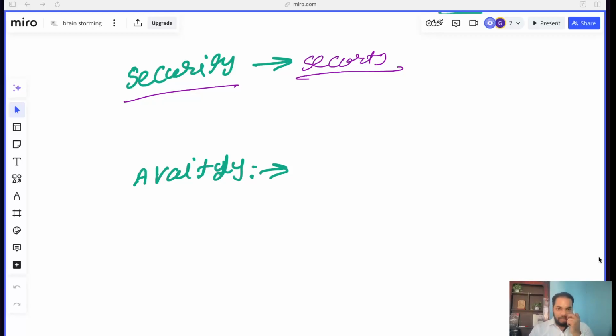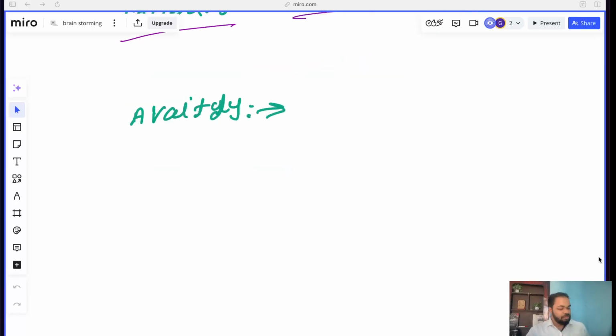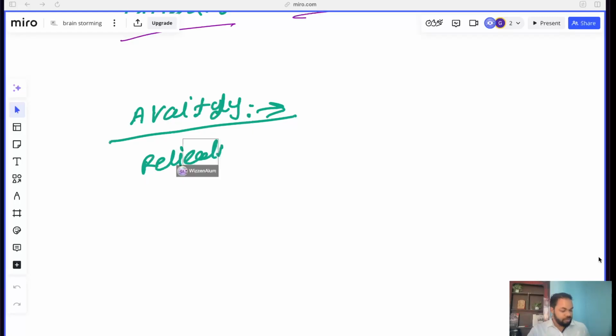If there is only a single DB, then all the traffic is going to that single DB, and it might crash, and your whole system is going to be unavailable. But if you have different partitions, your system is going to be available even though one or two partitions crashed. That makes your system available and reliable, both of them. So your system becomes more reliable than earlier.